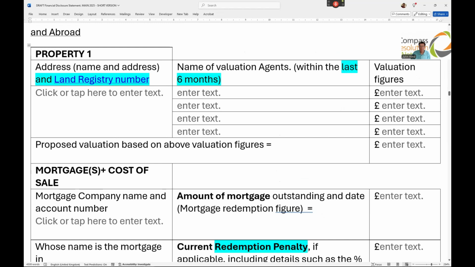First, you'll need the property address, it goes in here, and the land registry number, which is important. Now you can press on this link and it can take you through, as you can see on the screen, to the government site, to get information about property and how to get details of the land registry details.